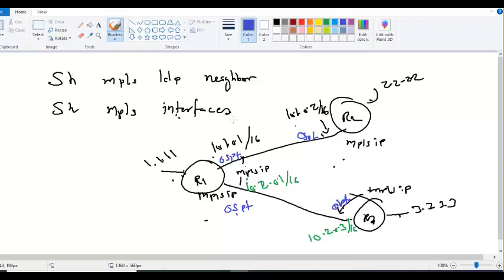We have OSPF neighbor, but MPLS neighbor is not coming. No, I'm not asking a question. I want you to ask more questions to find the solution.